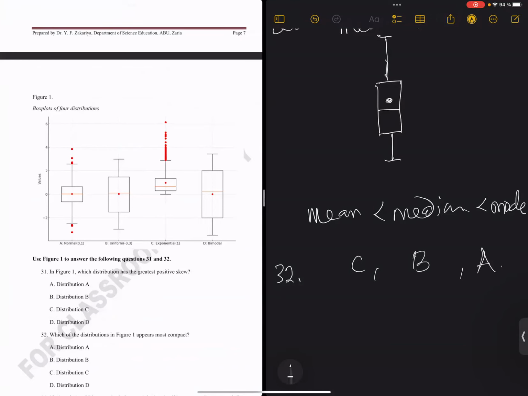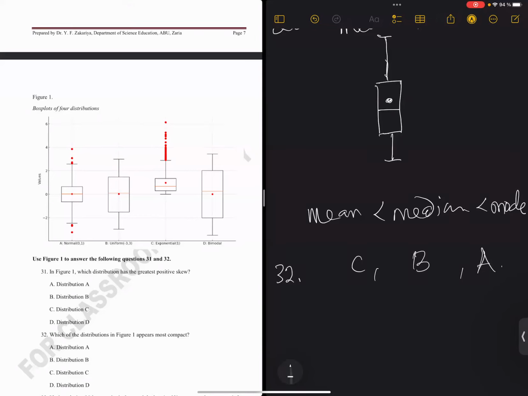Did you see this red dot that you have above the whisker? Do those dots count? What are they? Outliers. Yes, outliers.